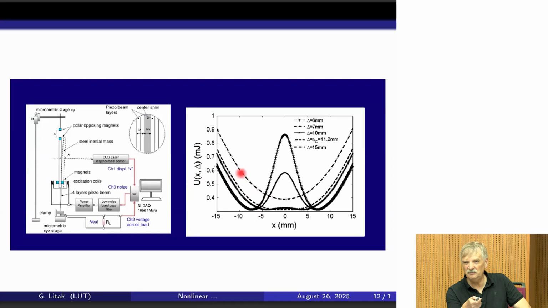So if you have the point on the curve, you can interpret this point that the potential is just equal to the energy level. The potential energy is equal to the total energy level. So there is no motion, because all the energy is in the deflection.